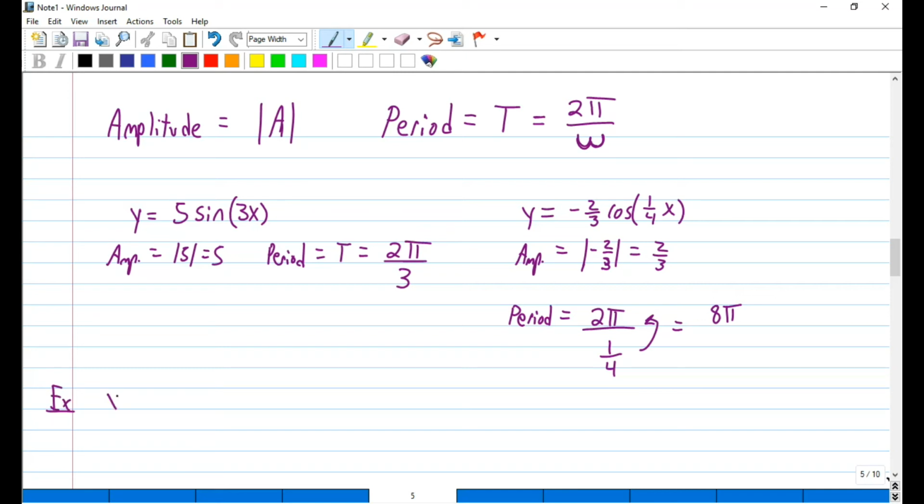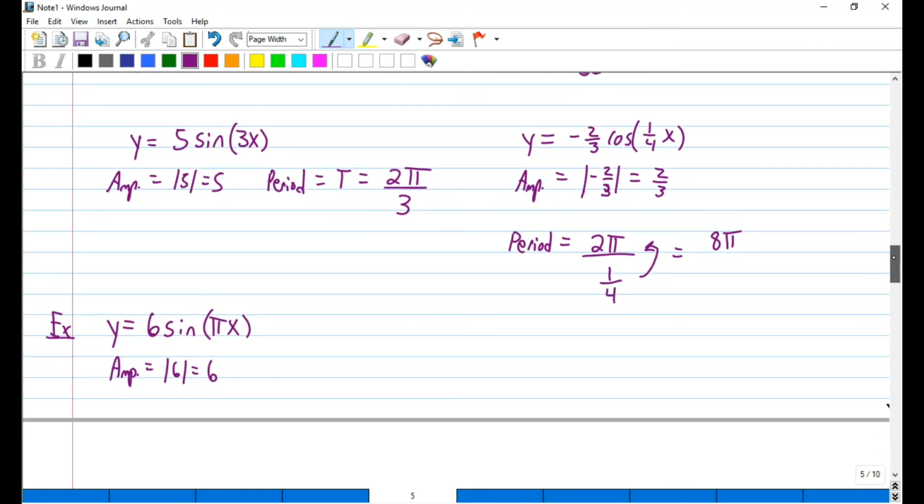All right, what about this one? y equals 6 sine of pi x. All right, so the amplitude is 6.